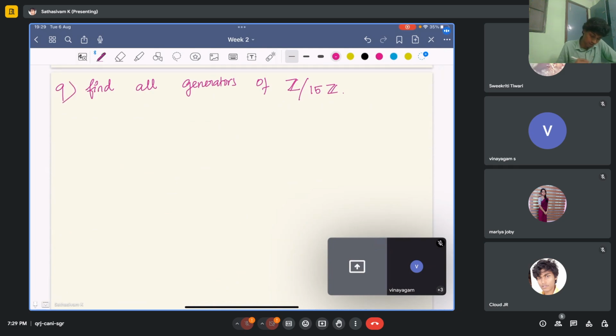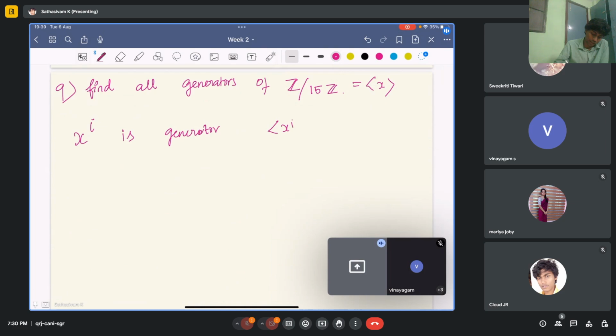Okay, so let's do this one. It says we will start with Z by 15Z, and you want to find all the generators. When you say something is a generator, let's say x to the power i is a generator, suppose this is generated by x. x to the power i is a generator means what?